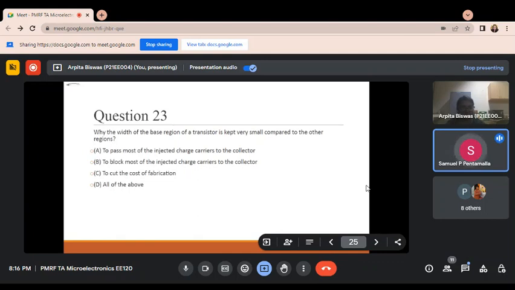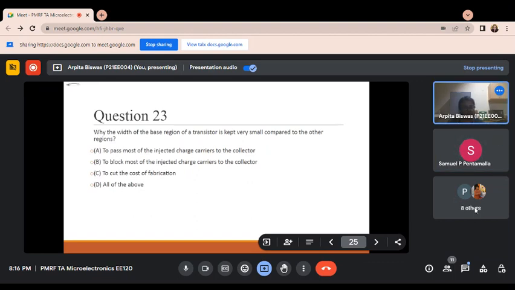So the electrons which are injected into the base will be transferred to the collector. Okay, anyone else?